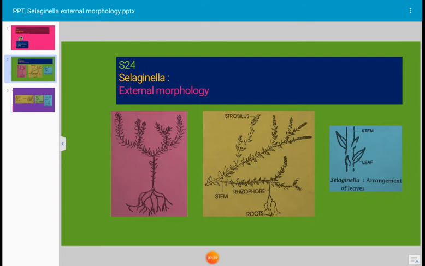A single central vein is present, while the veinlets are absent in the leaf. In Homeophyllum, the leaves are alike, all similar in size, but in Heterophyllum they are dimorphic. One leaf is larger and the other leaf is smaller.